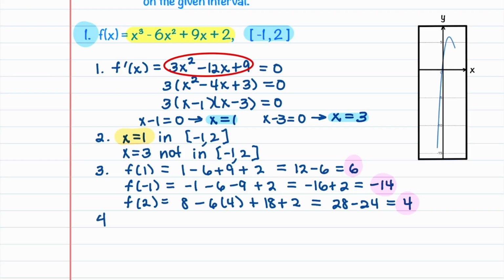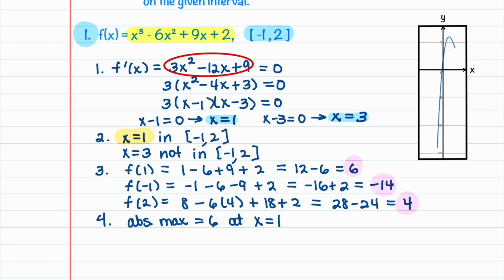Now our fourth step is to look at the 3 values that we got in step 3 and find the largest one and the smallest one. The largest value is 6, so we are going to say that we have an absolute max equal to 6 at the point x equals 1.